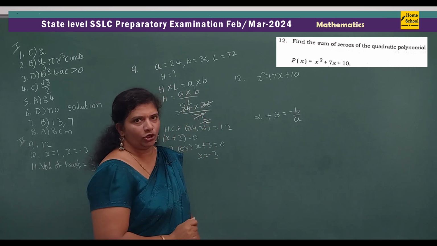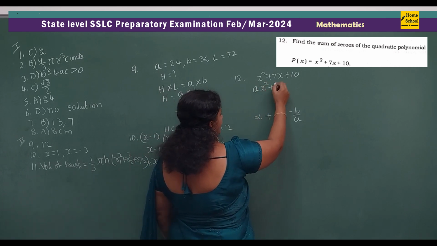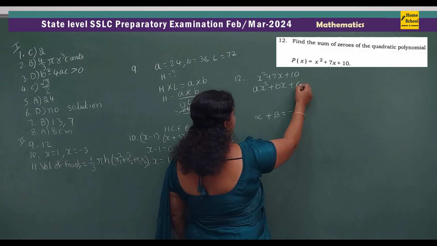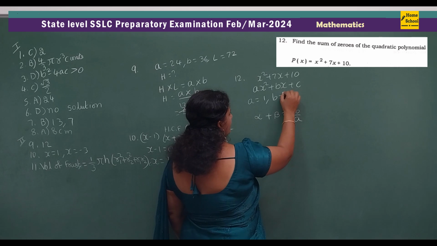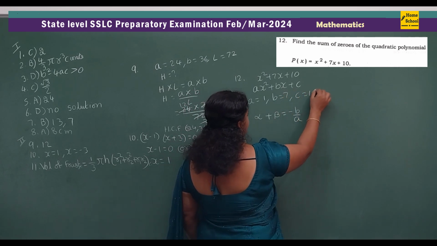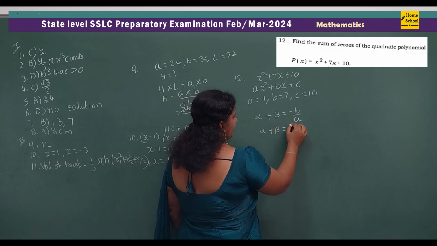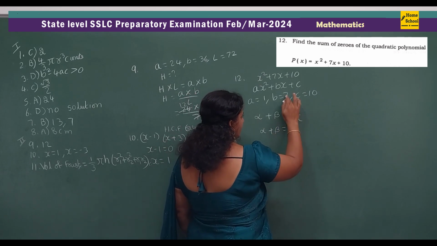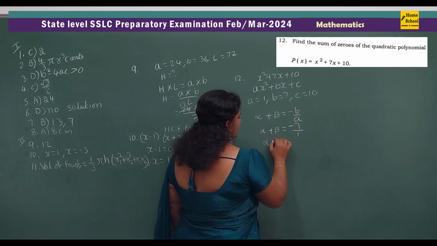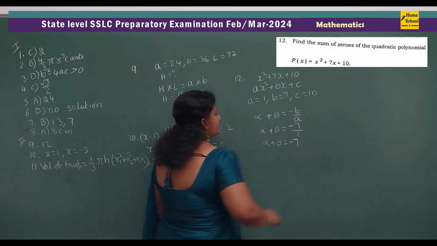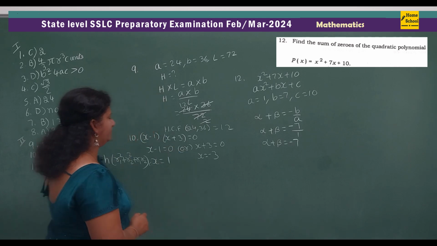Compare the given quadratic polynomial with the standard form ax square plus bx plus c and write the a, b, c values. A value is 1, B value is 7, C value is 10. Now substitute here: alpha plus beta is equal to minus B value 7 by A value 1. Therefore, the sum of the zeros is equal to minus 7.